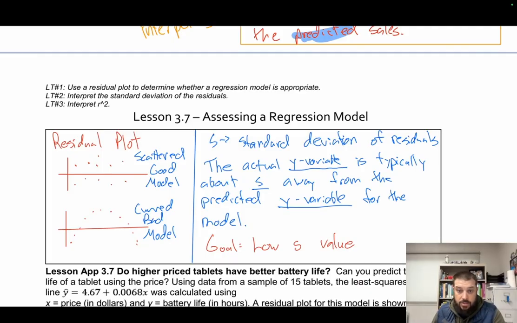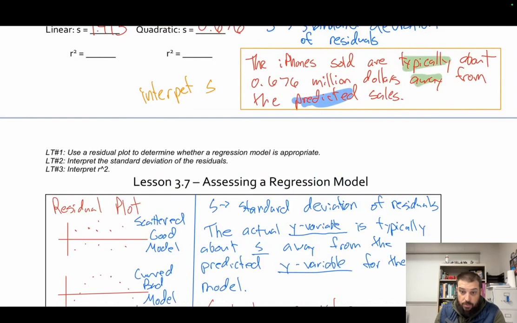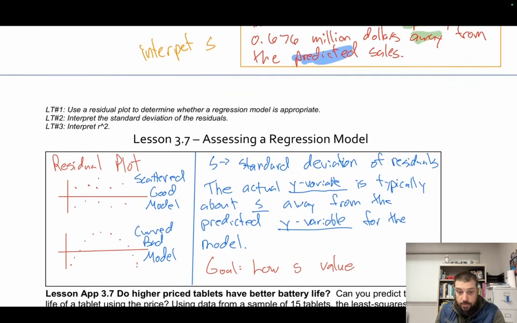And then S is our standard deviation of residuals, again, which is just the typical value or the average distance from our regression line. And then our sentence frame we'll use there for interpretation is the actual, whatever our y variable is. So in the previous, right, that was iPhones sold, is typically about S, whatever that number is, away from the predicted y variable for the model.